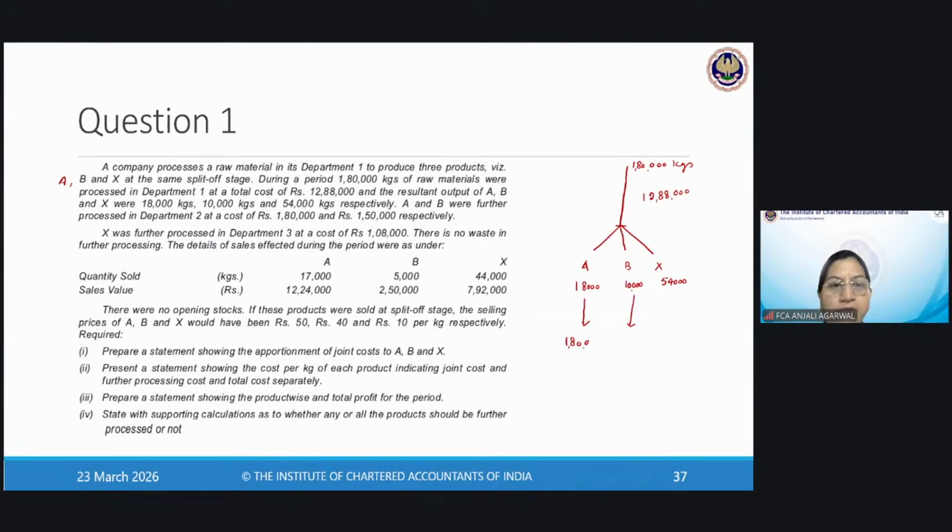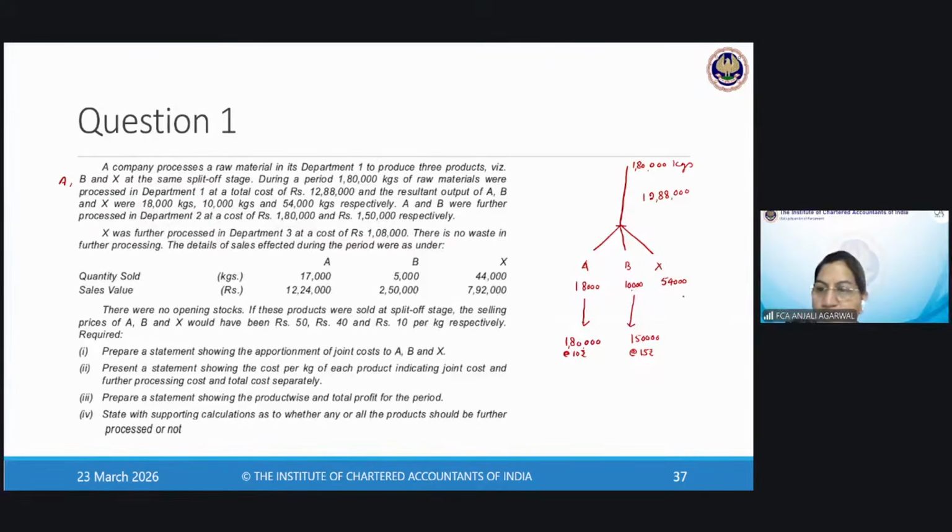So 10 rupee per unit was the further processing cost. And 1,50,000 for 10,000 units, so the further processing cost was 15 rupee per kg or per unit.